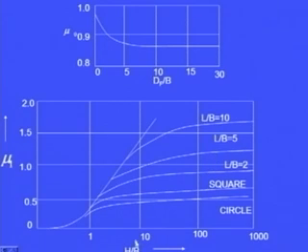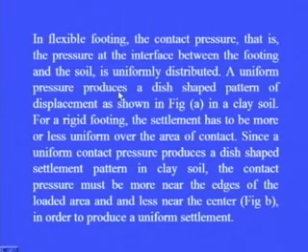So, depending upon the H by B ratio and the type of foundation, we can find out mu1 from here, and depending upon Df by B ratio, we can find out mu0 here, which can be used in the previous equation to determine immediate settlement.